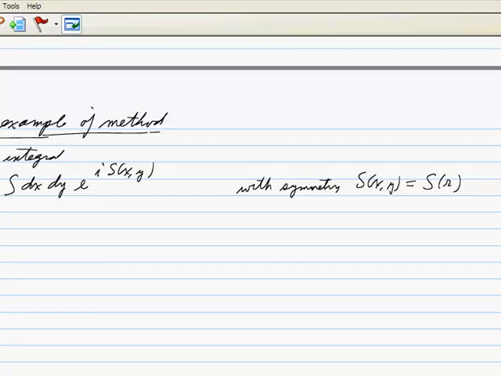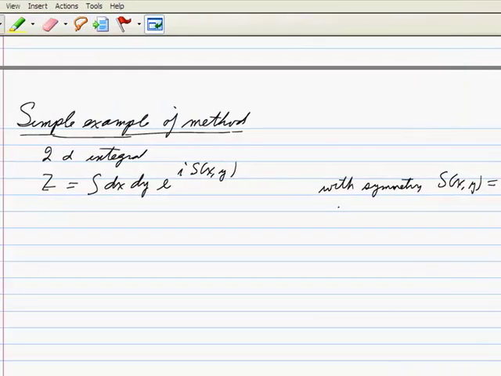So in other words, phi doesn't appear. And we'd like to then factor out the symmetry direction from the important direction, which is the radial direction.